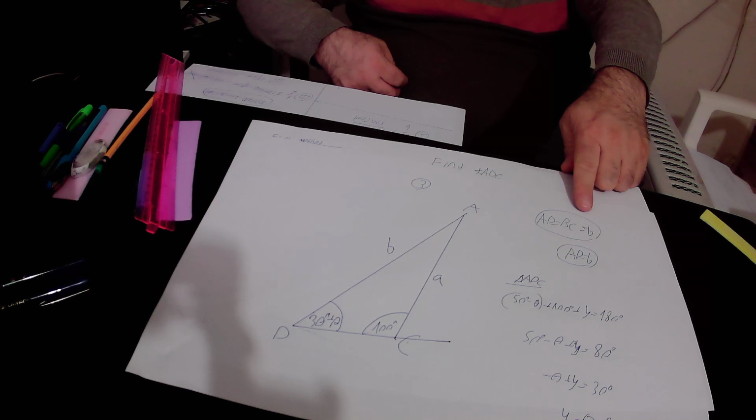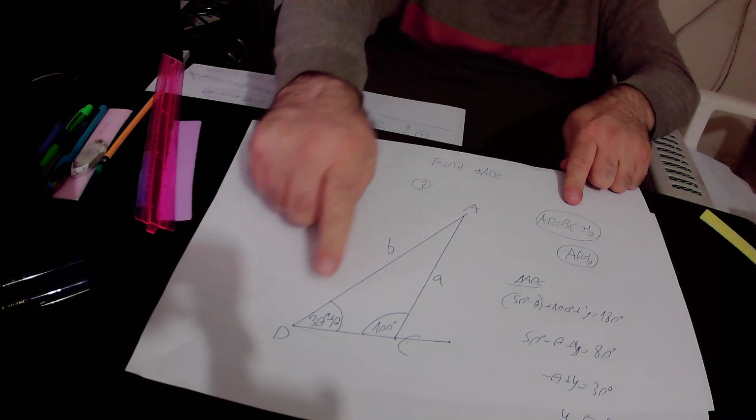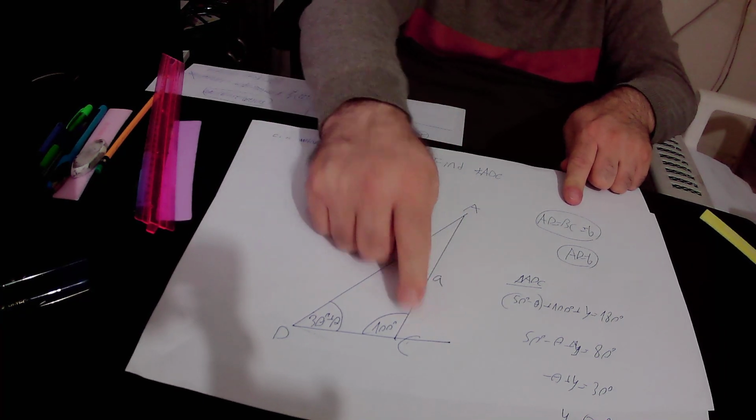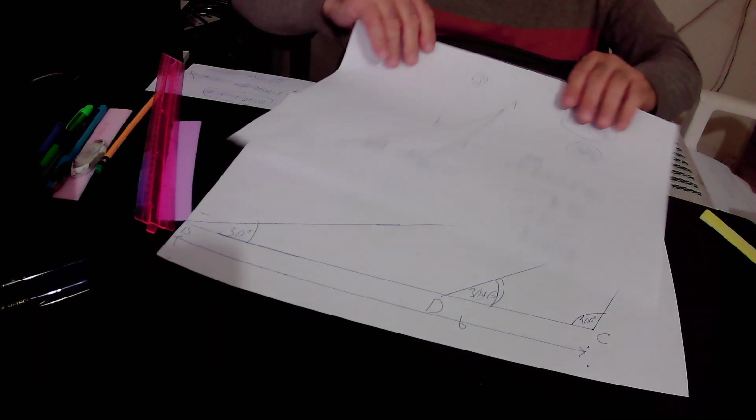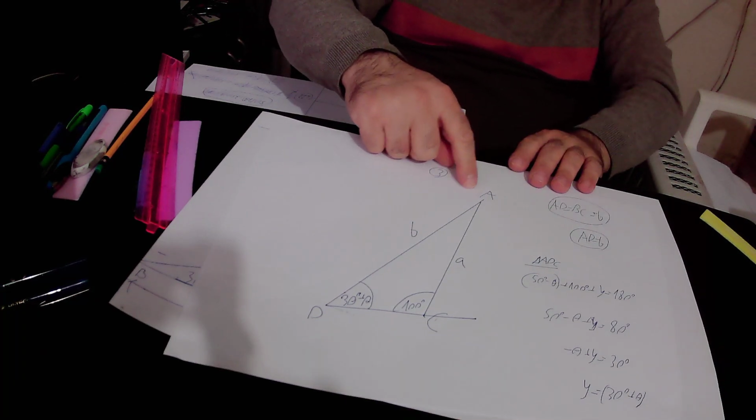So, from this equation, we will derive that AD also equals B. So AD equals B, and AC equals A. According to our definition, AC equals A.